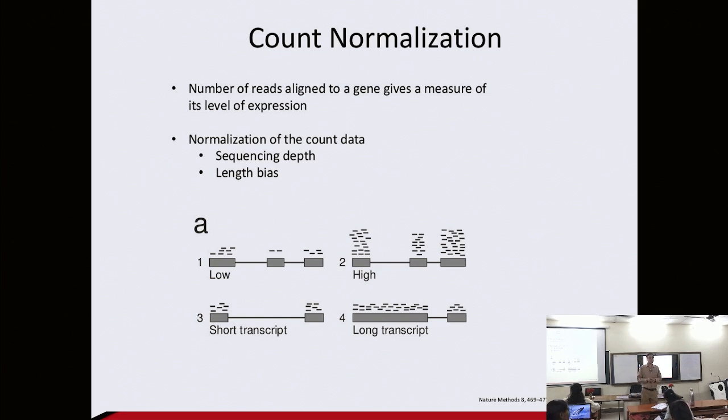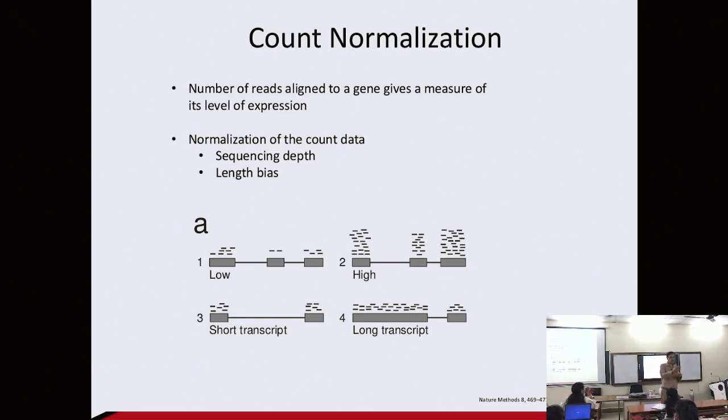And that difference is not because of difference in expression of genes, it is because of the difference in depth of sequencing. Clear? So make sure that you explain it in the right way. You have to say that samples are sequenced, and there could be a difference in depth of sequencing.